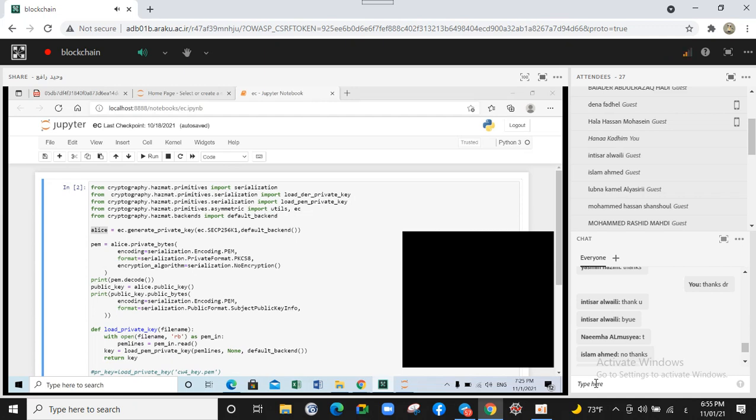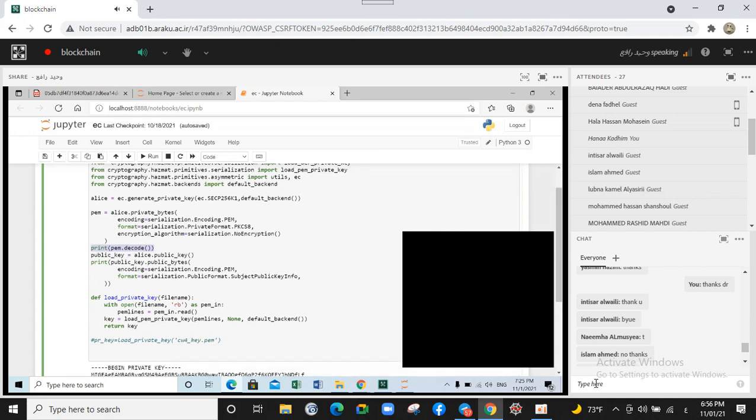Okay. Now using this command, we have a private key based on the elliptic curve. Using this command, like before, you can serialize this private key in the PEM standard. Then here I have printed out the private key. For the public key, you can use this command: public key equals this private key dot public key.